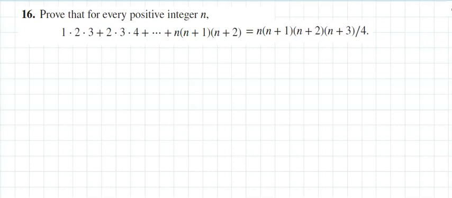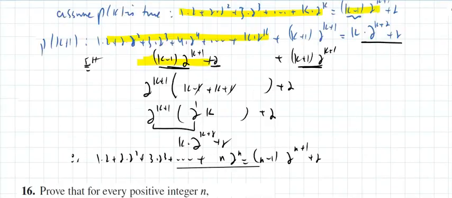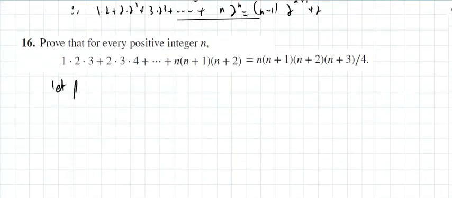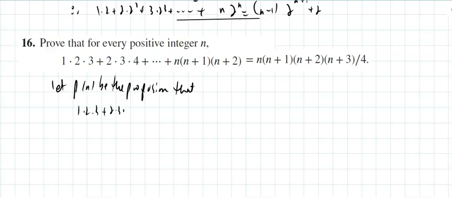I want to look at this. Let P of n be the proposition that 1 times 2 times 3 plus 2 times 3 times 4 plus 3 times 4 times 5 plus n into n plus 1 into n plus 2 does equal this mess.